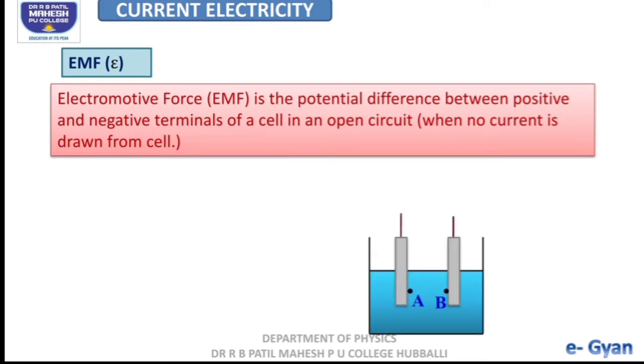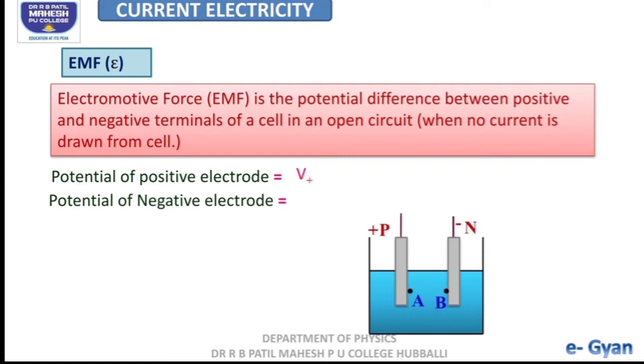Now let me give the expression for EMF. Potential of the positive electrode is V plus. Potential of the negative electrode is minus V minus.